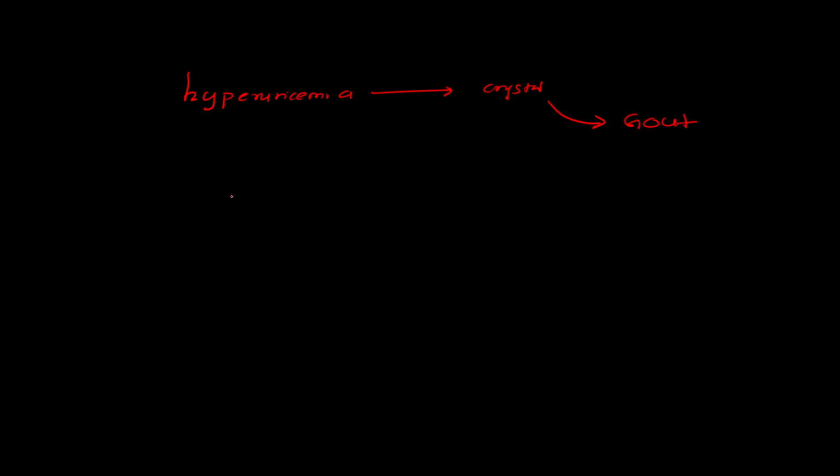Now, if you can remember, what usually happens is that nucleic acids, especially nitrogenous bases with purine, are broken down in a series of reactions where it finally forms uric acid. The production goes through a few chemical intermediates.